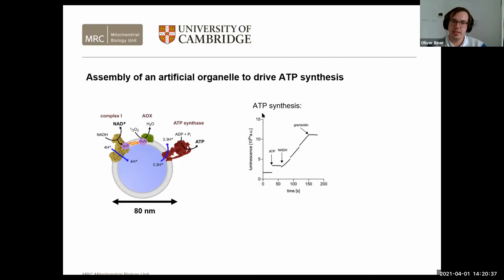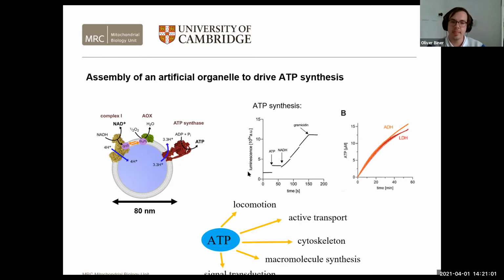So here you see just some raw data, an actual experiment. When I add NADH, I can see that ATP is produced over time until I add an uncoupler. And actually this system, even though it is quite simple, can produce ATP continuously over several hours, and thus it can be used in synthetic cells.